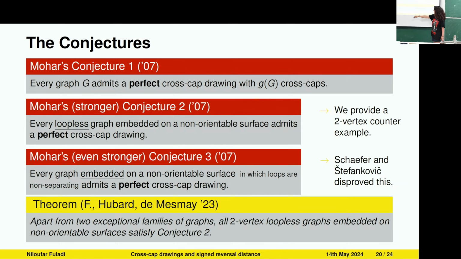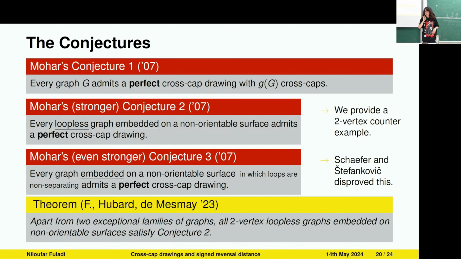We find a counterexample. We also show that except for 2 exceptional families of graphs, the graphs with 2 vertices and loopless, you can always find a perfect cross-cap drawing. So there is a very restricted number of graphs that do not satisfy conjecture 2.